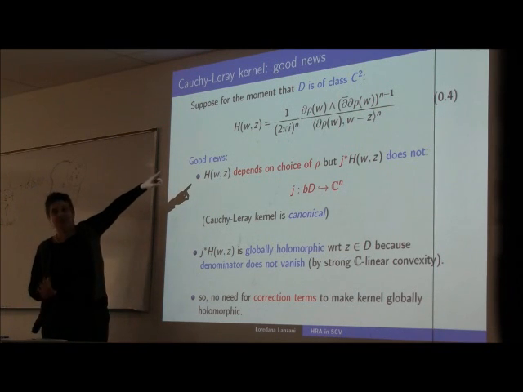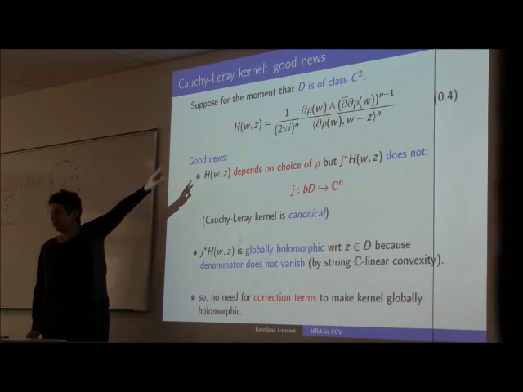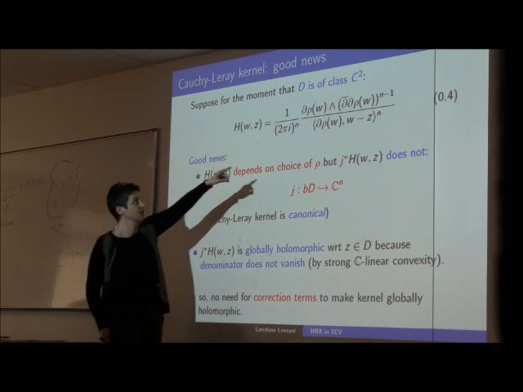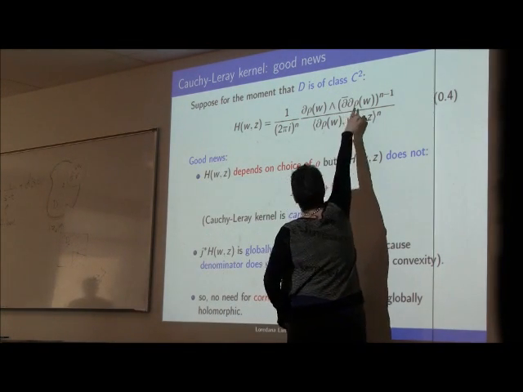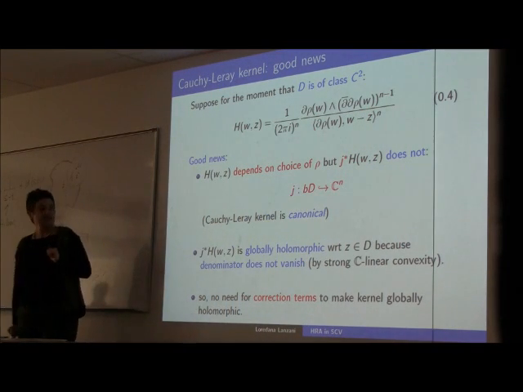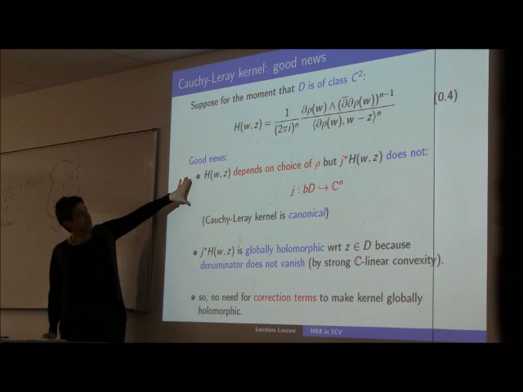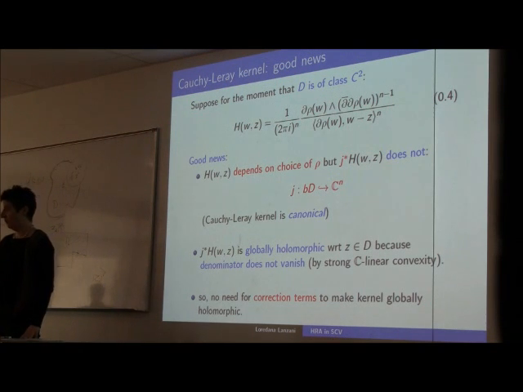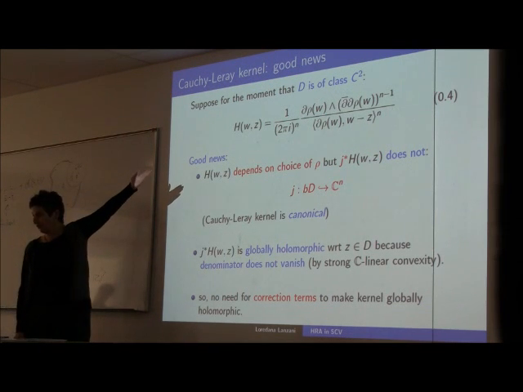Now let's look at the situation that Leray was looking at. The domain has 2 continuous derivatives. This means that rho here is continuously differentiable twice. So the numerator makes sense. So the good news are that, something I haven't told you before, you can find a lot of different functions rho that describe the same domain. Now this kernel is defined in terms of such a rho.